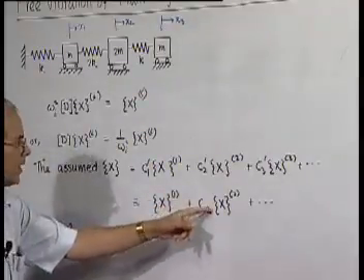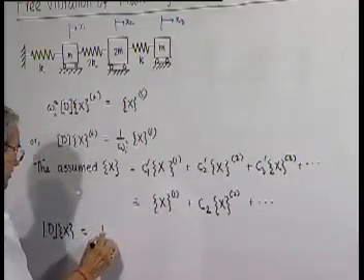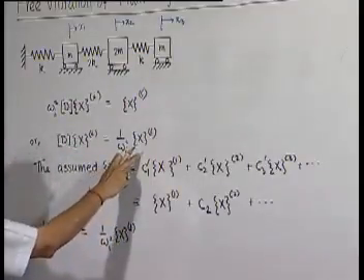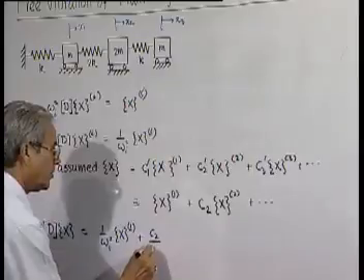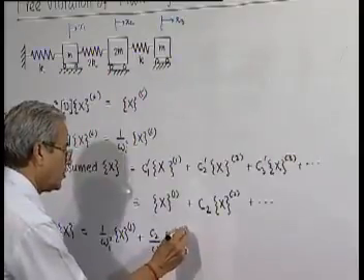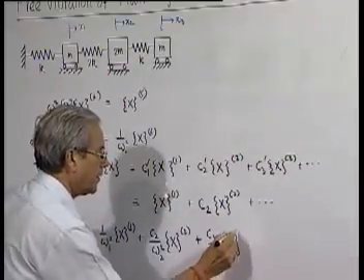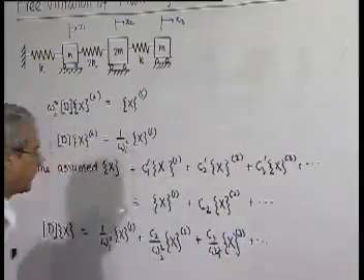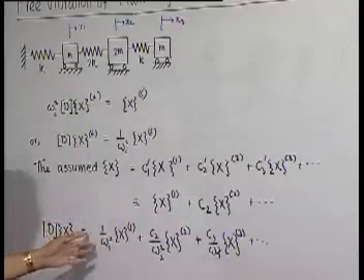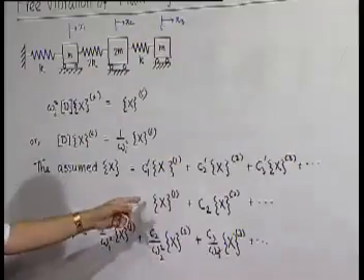I am pre-multiplying each one by D. Now, since this is a natural mode, when I pre-multiply this by D, I will get 1 by omega 1 square x1 according to this rule, plus C2 by omega 2 square x2, like that, C3 by omega 3 square x3. Now if I normalize the resulting x, the mode will be somewhat different from the previous one, because these coefficients are different from the coefficients earlier.